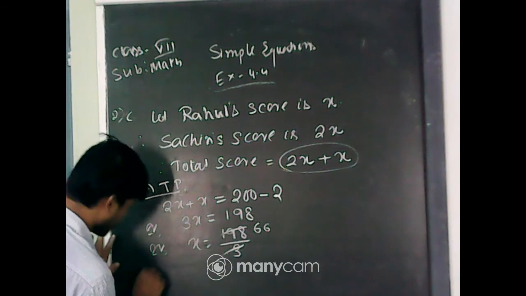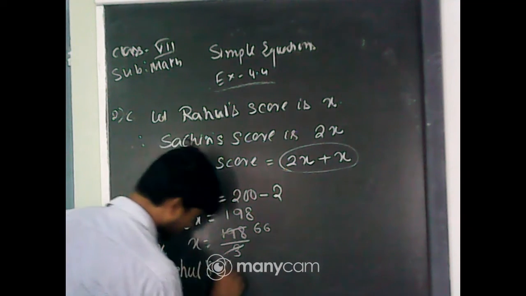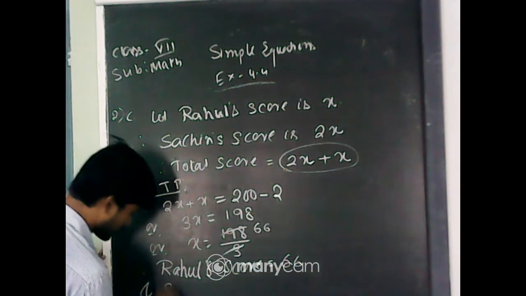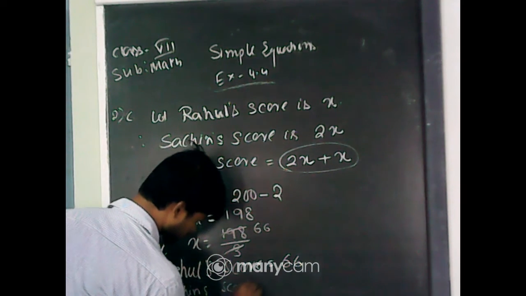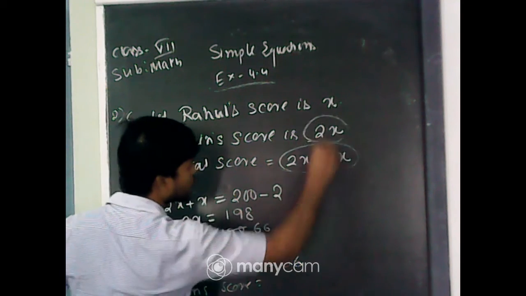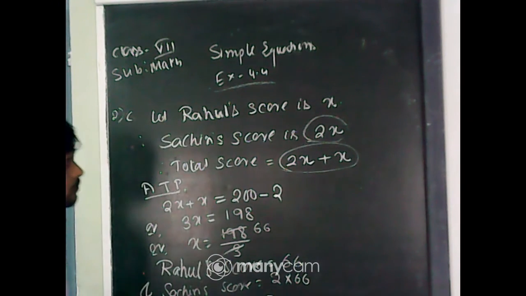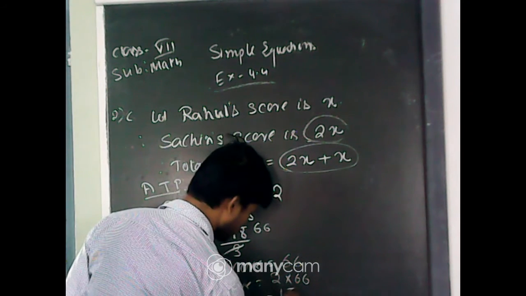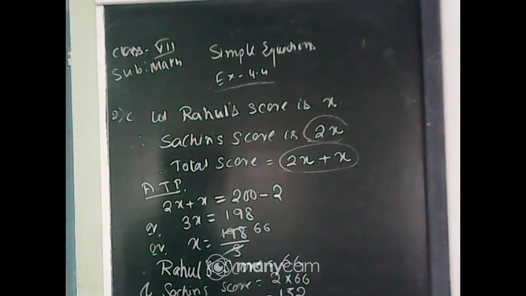So here write that Rahul's score is equal to 66 and Sachin's score is twice the Rahul score, means 2 into 66. So if we multiply them, yes, 132. That means Sachin's score is 132 and Rahul's score is 66.